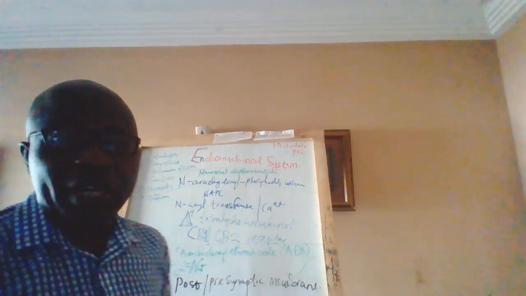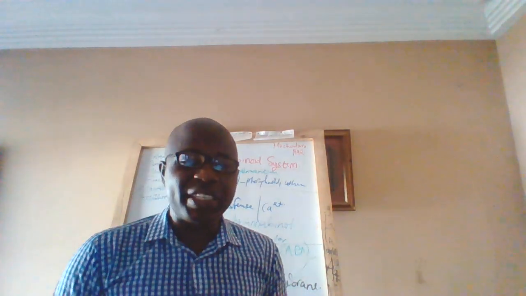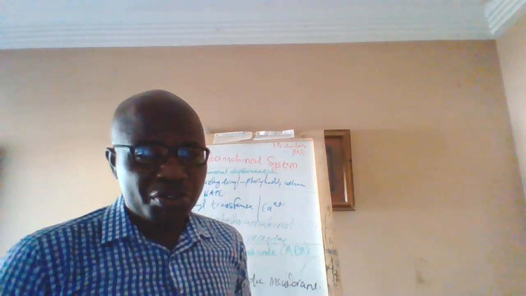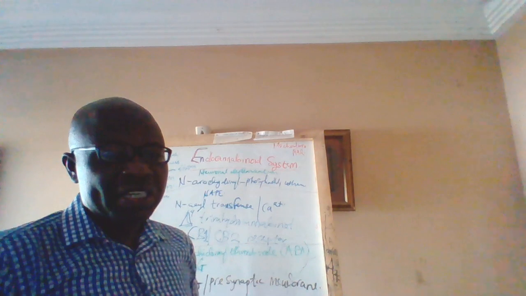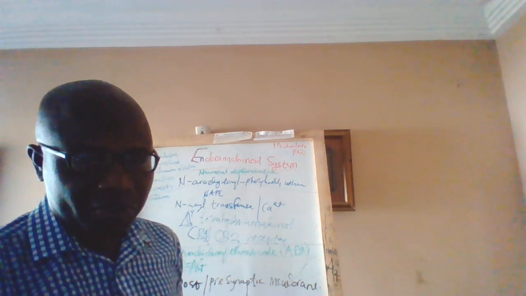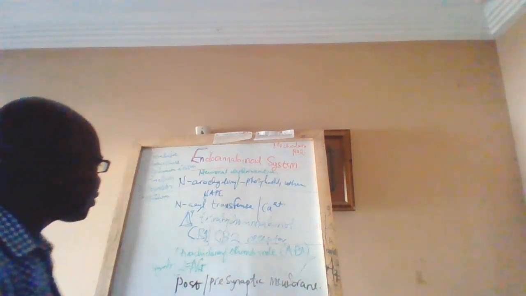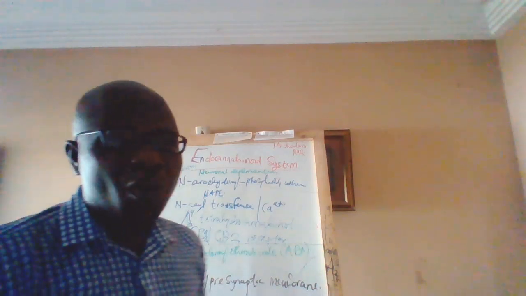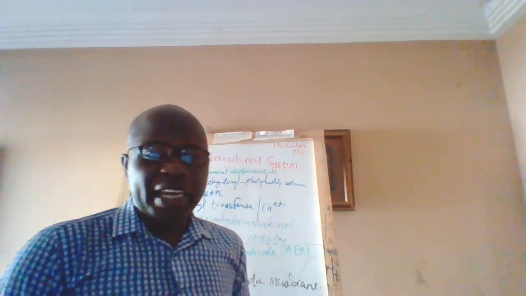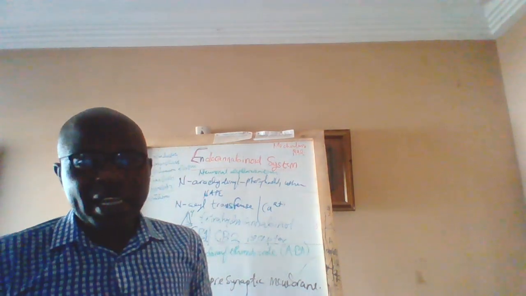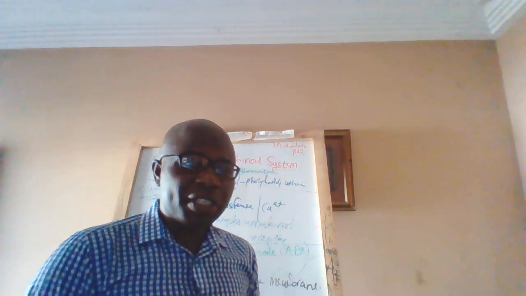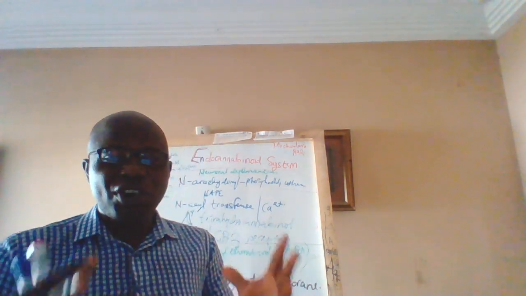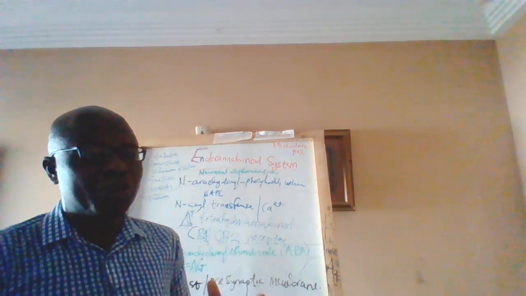Basically, what are endocannabinoids? Endocannabinoids are molecules that are derived from phospholipid precursors. From the work done so far, they have been proved to be very relevant in pain management, in immunological function, in bone growth, and also in various neurotransmitter modulation.